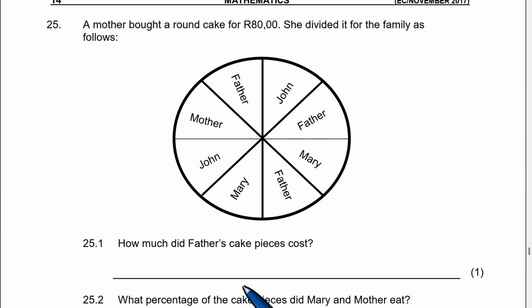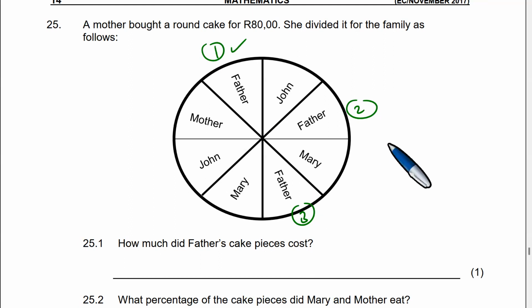Your answer? Is it 10 rand? If the father got this part, 1, this part, 2, and this part, 3, so the father got 3 parts.